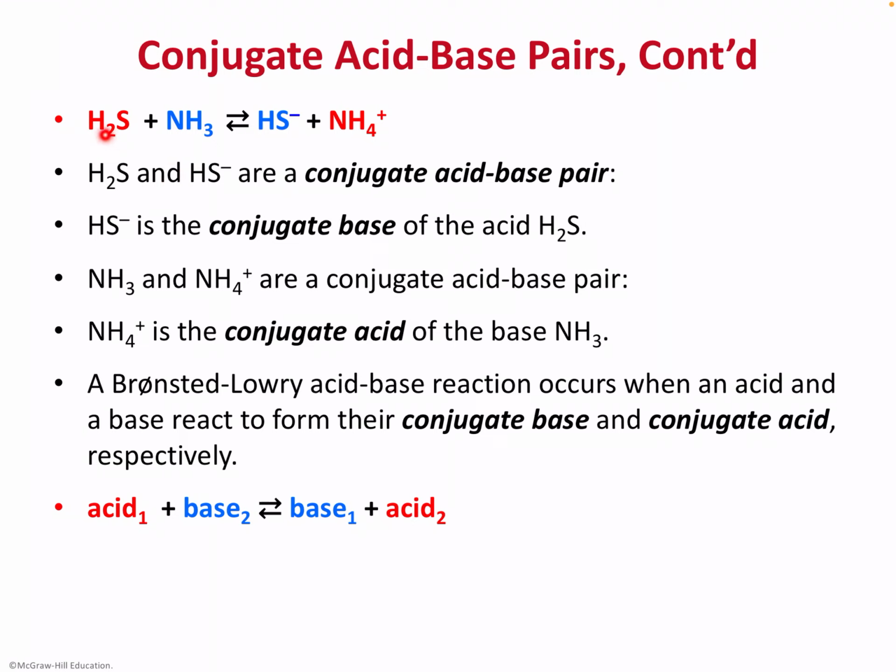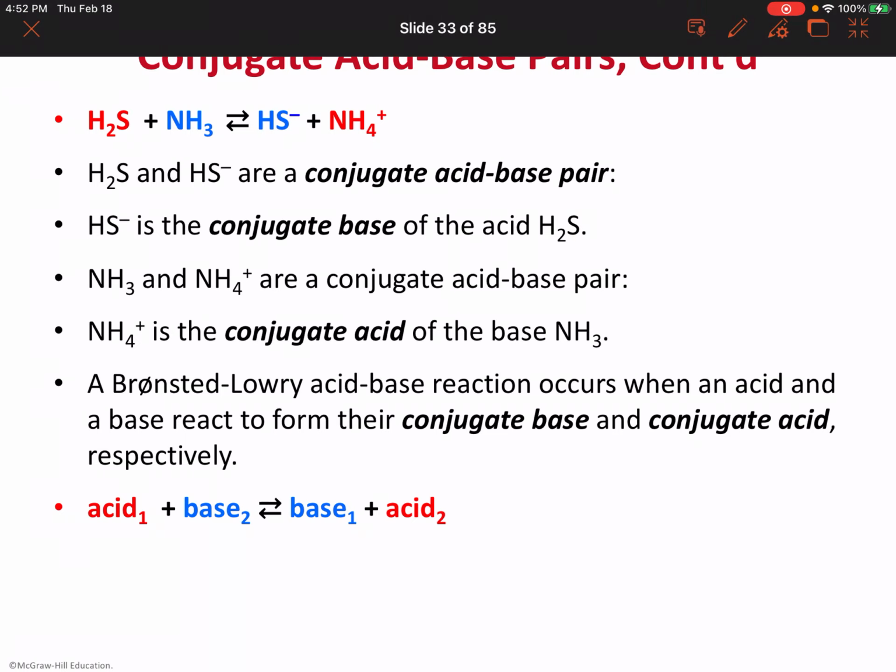H2S is the acid because it's losing a proton to become HS minus. In the reverse reaction, HS minus is gaining a proton to become H2S, so in the reverse process it's the base. HS minus is the conjugate base of the acid H2S. So the conjugate acid-base pair in this case is H2S and HS minus.